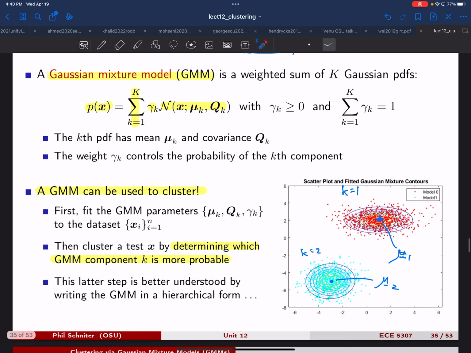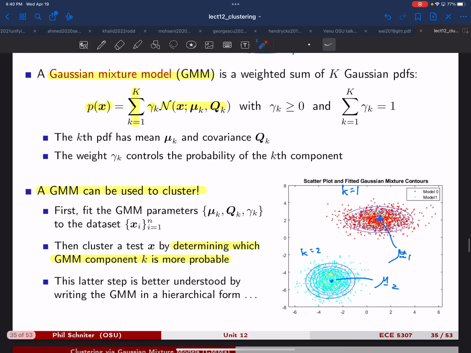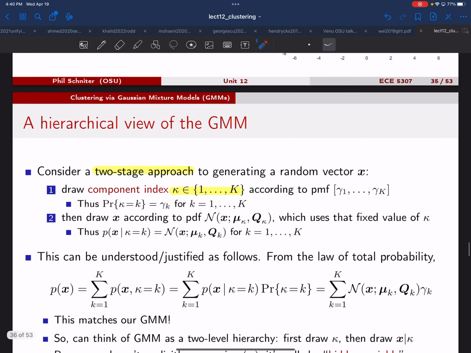Okay, so when you think about which mixture it's coming from, we really have these variables that guide us there. So we have different lambdas, different gammas. All the gammas are non-negative and they sum to 1. So if you just think about those gammas, they define a probability mass function, a PMF.